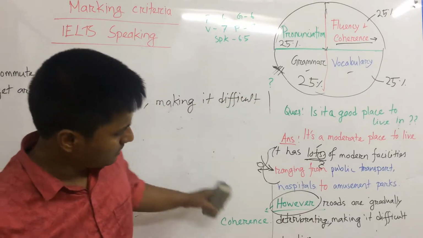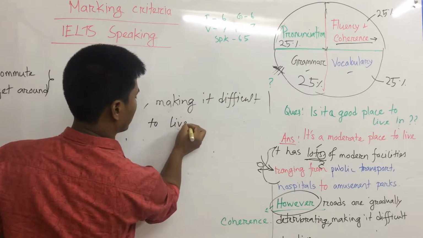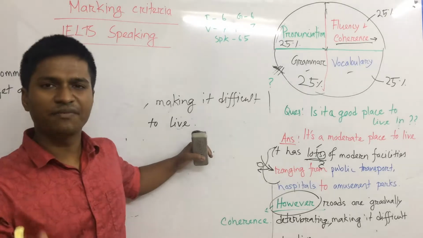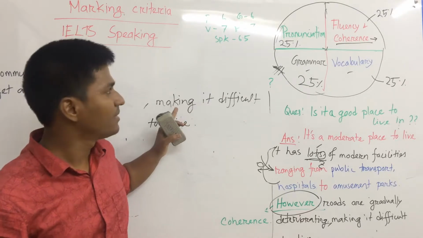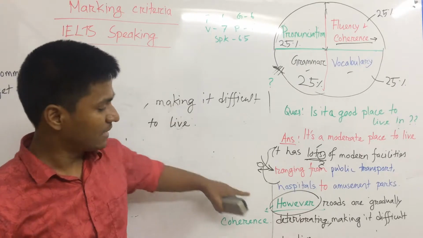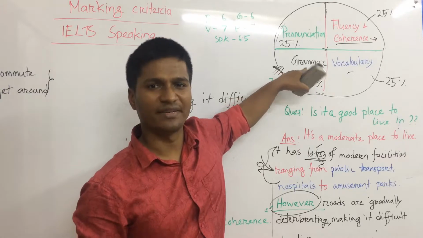Making it difficult to live. Making it difficult to live. This is a nice sentence structure, by the way. So, for this nice sentence structure, your grammar score will be higher.